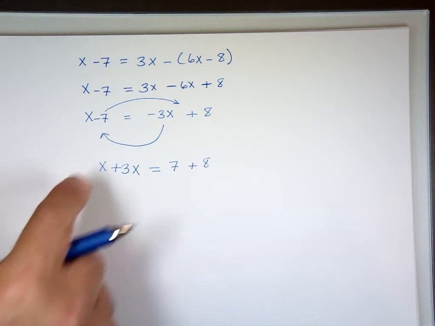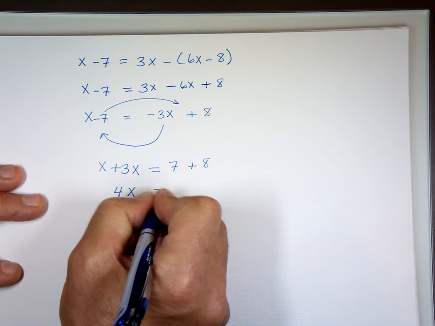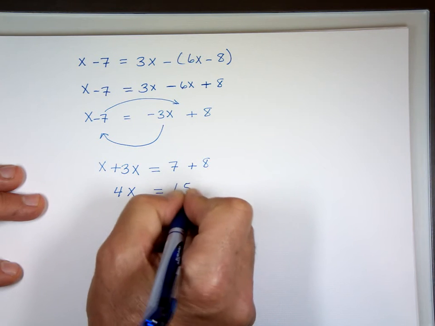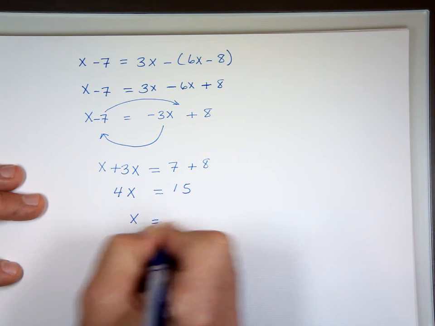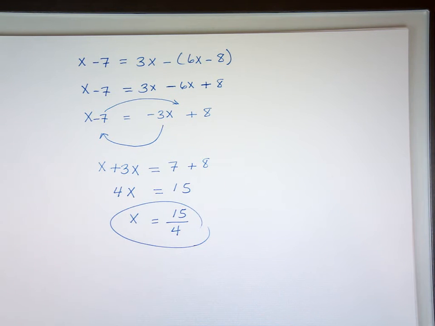What's x plus 3x? 4x equals what? 15. What's x equal to? 15 over 4. One number. That's the only point that will satisfy that equation.